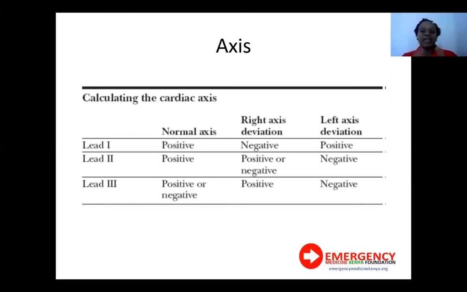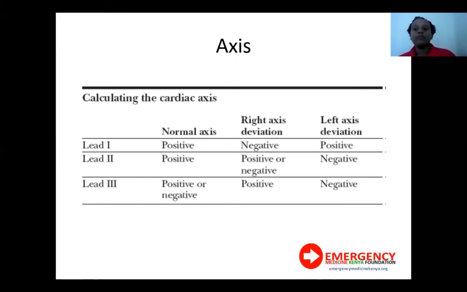Then if I'm having a right axis deviation, I think about algebra. Remember in primary school, you look at the X and Y axis? It is the easiest. You use your hand. When you're using the X and Y axis, you know that you have the negative side and the positive side.